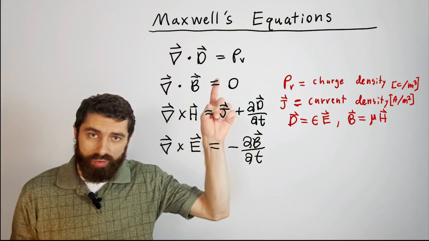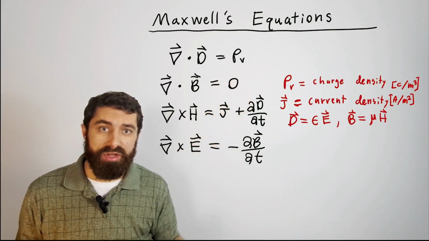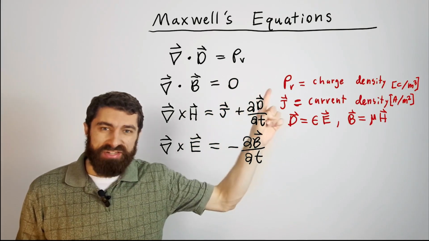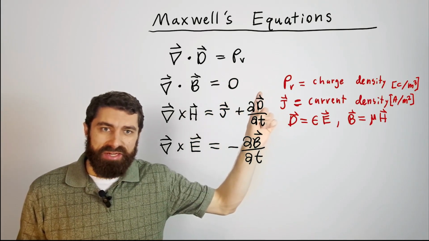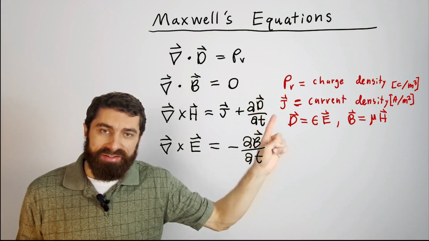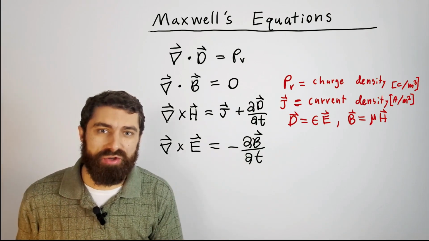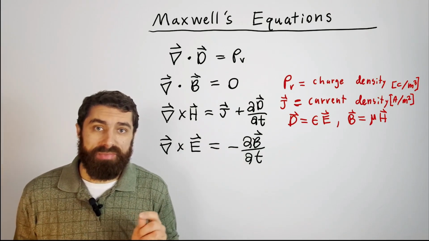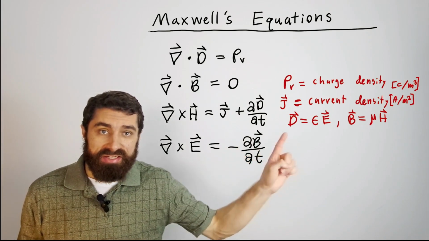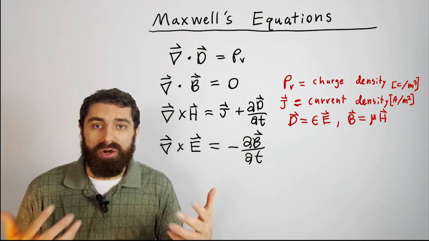These other two quantities in Maxwell's equations, rho v and J, are the charge density, and we'll talk more about that, in coulombs per meter cubed, and J is a current density in amps per meter squared. Another thing I want to mention is that D and E and B and H are actually very interrelated.